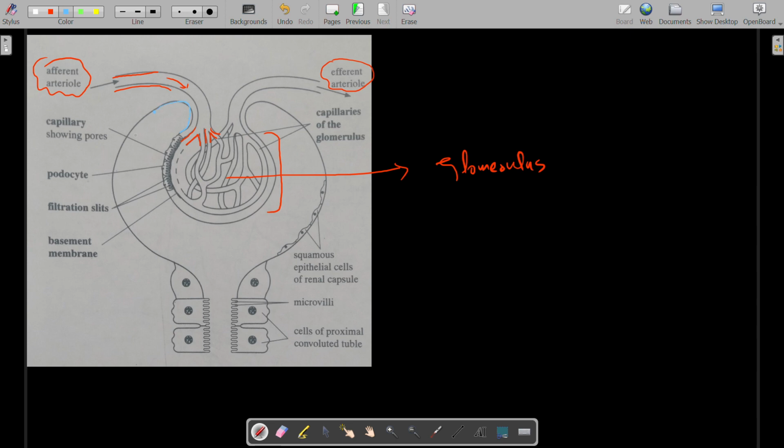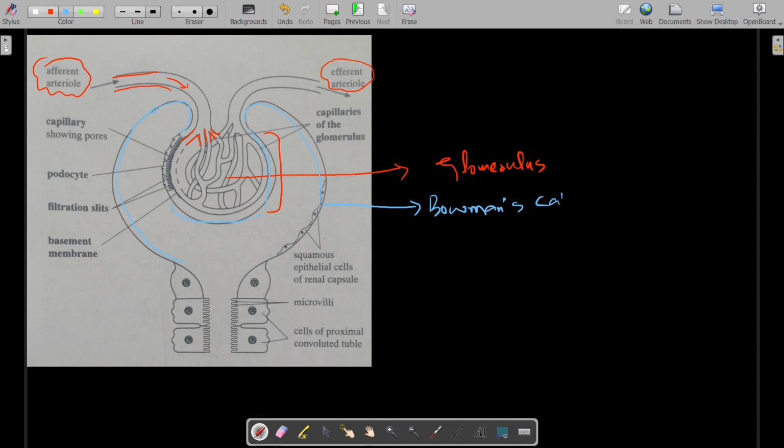This tubule which surrounds your glomerulus is named after a British scientist, Bowman's capsule.